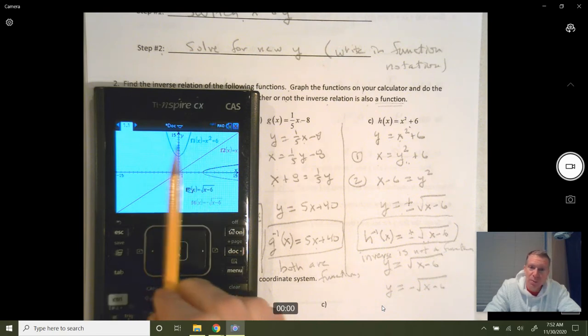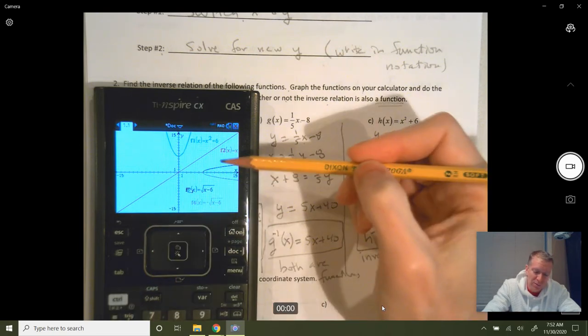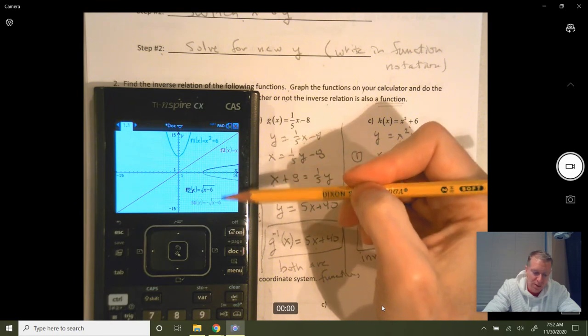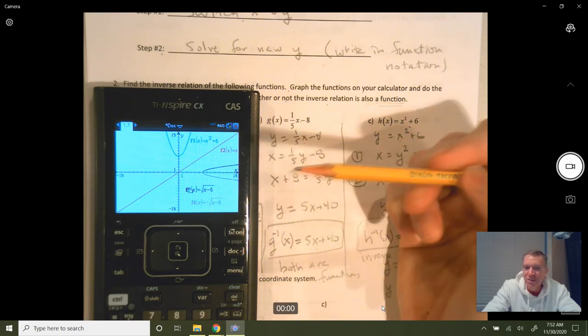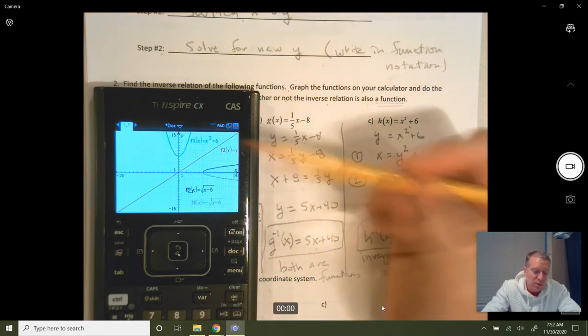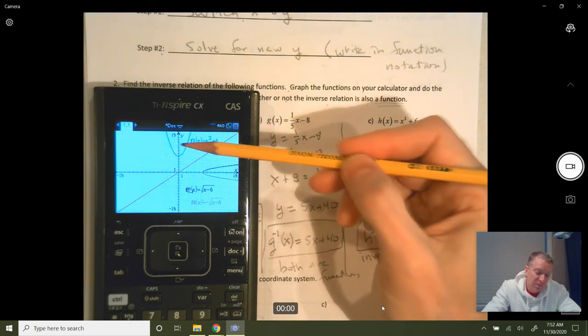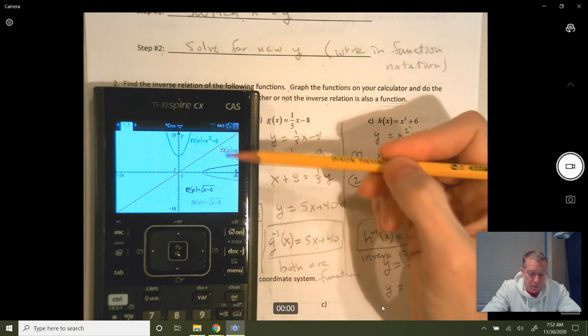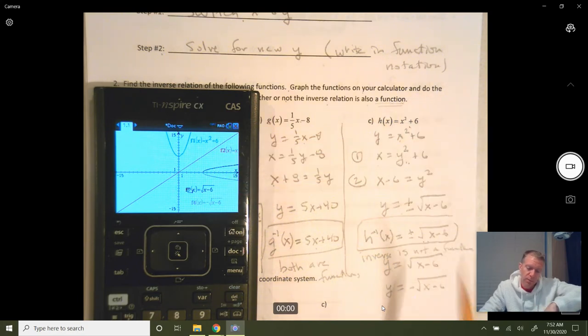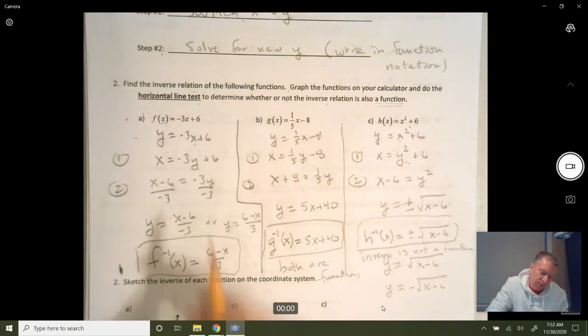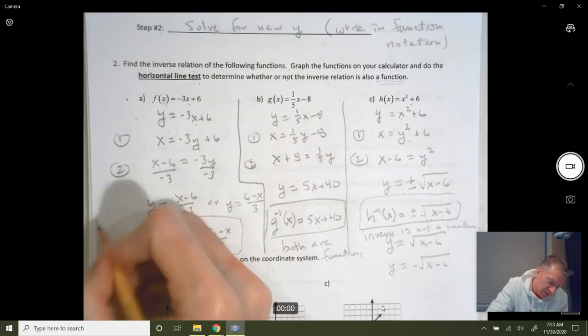Because when you flip it over this line, that is going to be a vertical line. Okay, so if you hear of the horizontal line test, that's really testing if something's inverse is a function. Or you can simply find the inverse and again do the regular vertical line test. Okay, so this one over here, these were both lines, and if you did this one, these are both our functions.